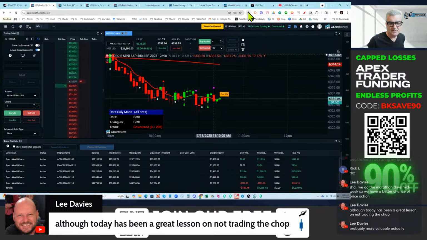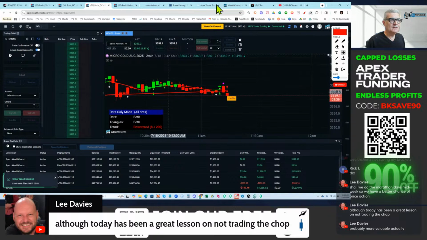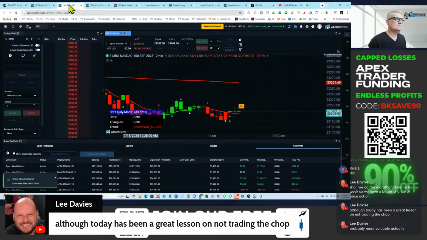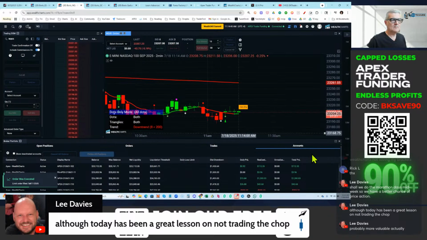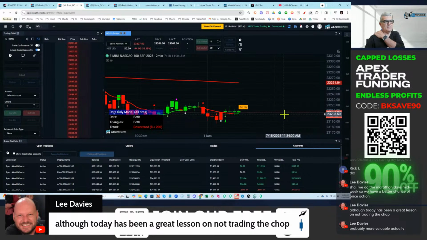No biggie. Signal on gold. Gold's starting to get a little bit negative here. And see, Nasdaq also was red slope, negative slope, not a trade.